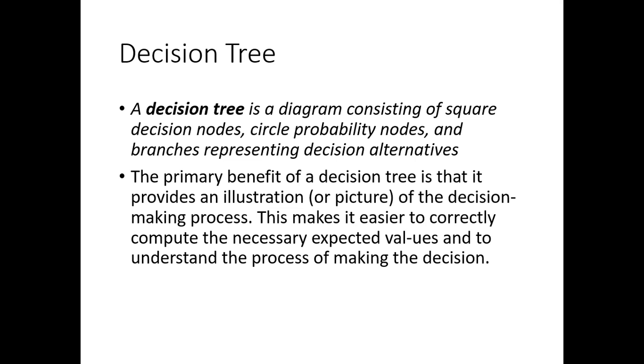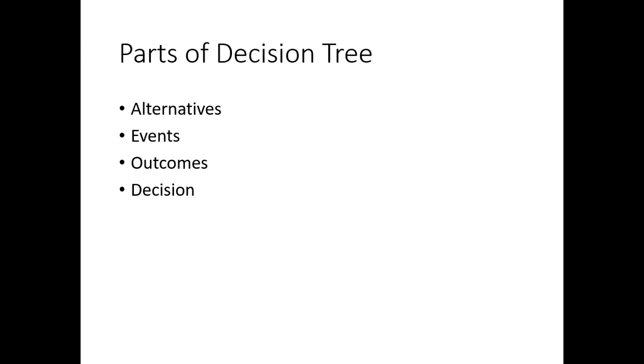A square gives us decision nodes, a circle tells us about the probability, and branches tell us about the decision alternatives. Why is it important? Because it is good to have a picture of the process. With a picture it is easier to make or solve problems. There are 4 parts of a decision tree: alternatives, events, outcomes and decisions.